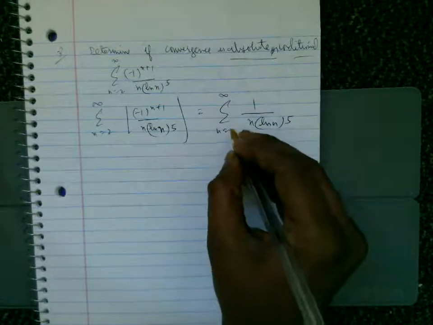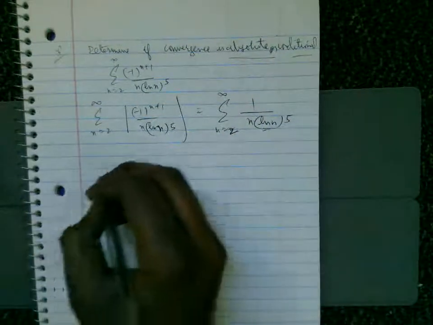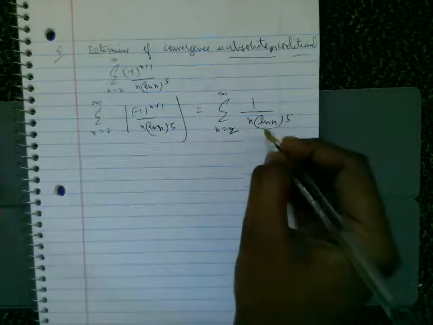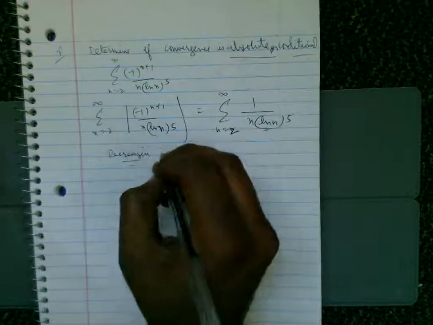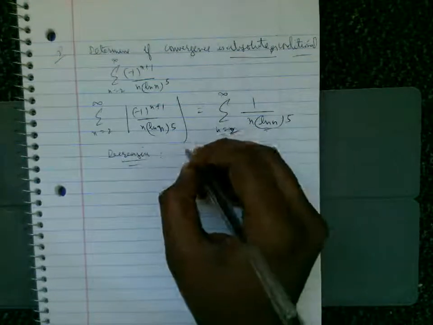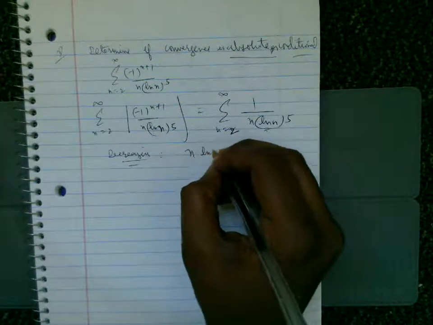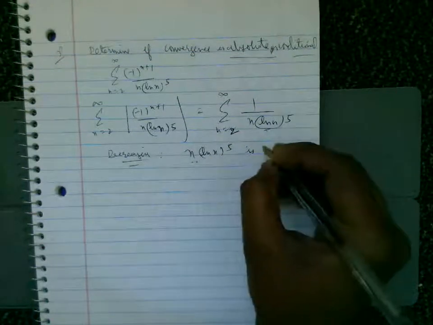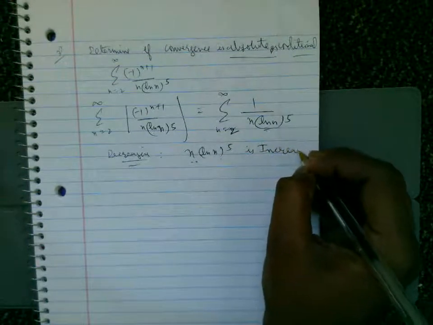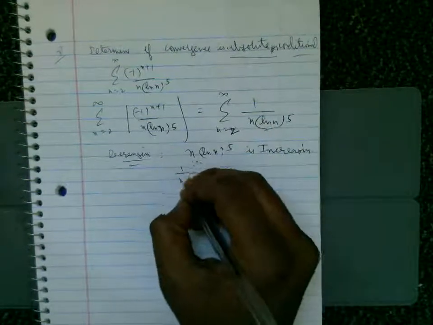Since n runs from 2 to infinity, this is always positive. We know that this is a decreasing sequence, because n log n is increasing, as both these terms are increasing. Therefore the reciprocal should be decreasing.